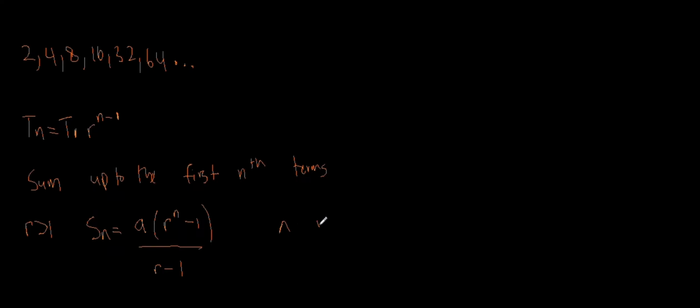And if r is less than 1, meaning the GP would exponentially decrease, where this one here is exponentially increasing, we use this formula: Sn is equal to a into 1 minus r to the n, all over 1 minus r.